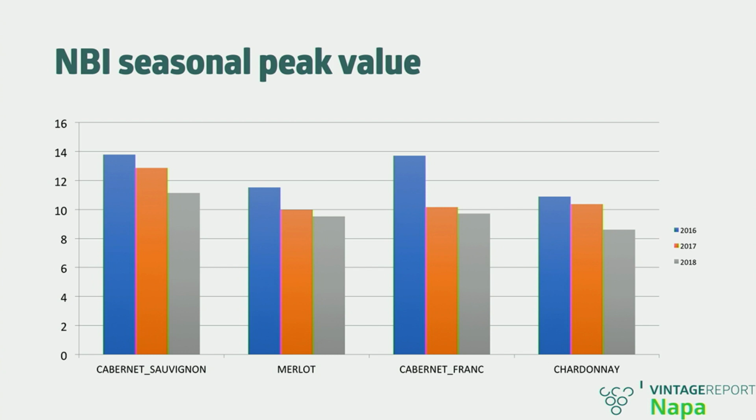Here I have reported for many sites, segregated by varietals, what is the peak value of nitrogen. And you see that the trend for Cabernet, Merlot, Cabernet Franc, and Chardonnay is the same. Everywhere we have observed a collapse of the highest value of nitrogen tissue content. So the amount of nitrogen per leaf area has been lowered.